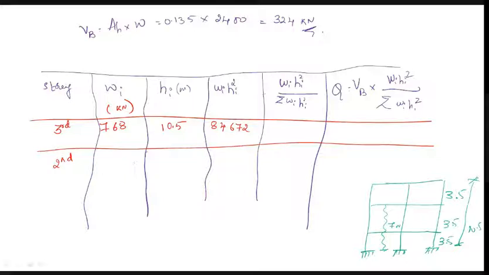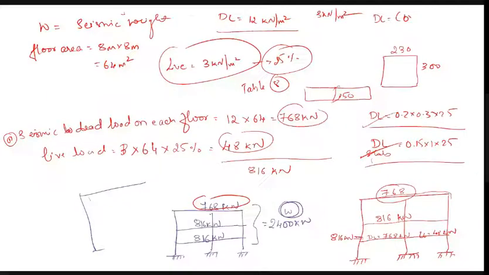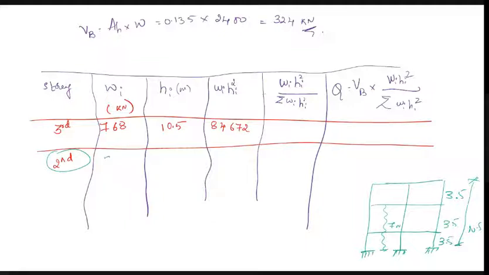But just remember, now I am going for the second floor. For the second floor we have the load of 816 kilonewton. Therefore, write down 816 kilonewton. What is the height from this base? It is 7 meter. Multiplying 816 by 7, we will get 39,984.